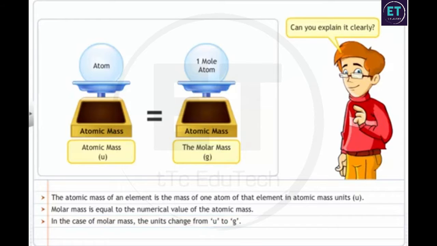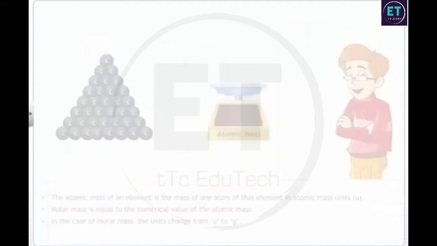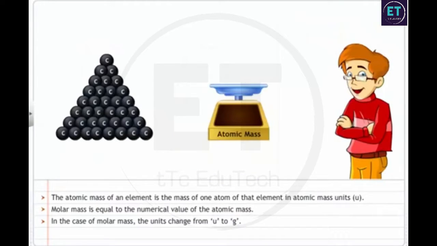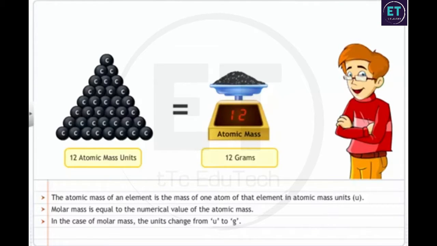Can you explain it clearly? In other words, the molar mass of an atom is also known as gram atomic mass. For example, the atomic mass of carbon equals 12 atomic mass units. So, the gram atomic mass of carbon is equal to 12 grams.